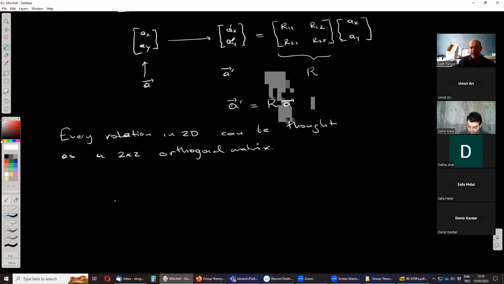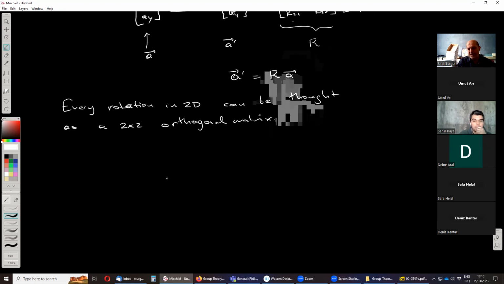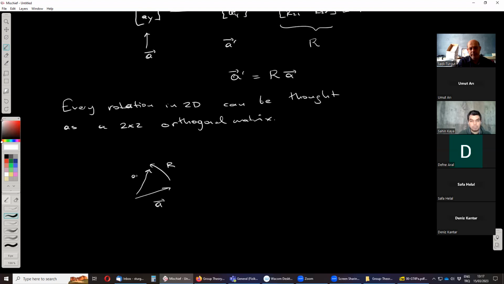Like that. As a result, if you have a composition of two rotations, that basically corresponds to a matrix multiplication. Let's say it like this. A is first rotated by R into A prime, and then it's rotated by S into A double prime. All of these vectors should have the same length, right?